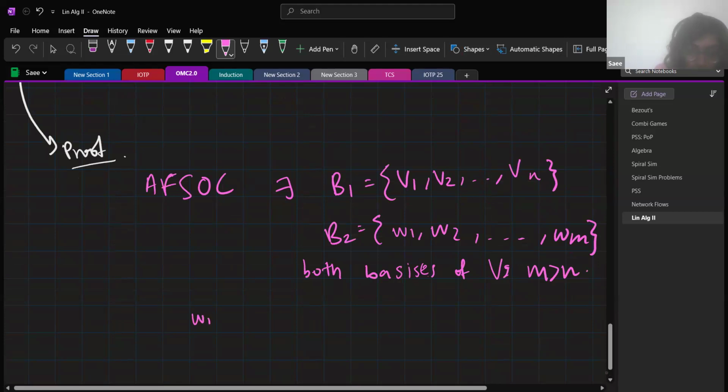So let's start somewhere. We can write W1 as some combination, say the summation of ai Vi, i from 1 to n. What can we do with this?